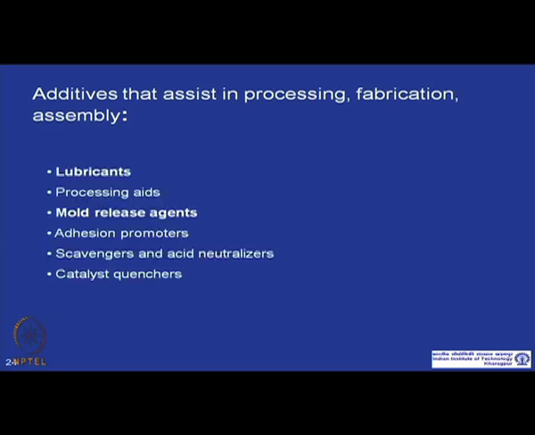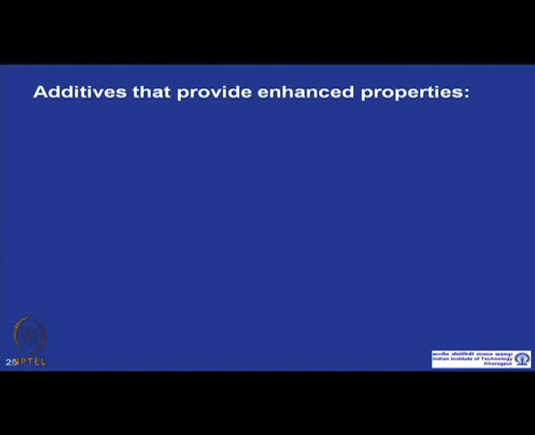There are additives which are used in polymer formulations which assist in processing and fabrication or in assembly, like lubricants, and mold release agents, which help in releasing the part from the mold after it is formed. Processing aids, adhesion promoters, scavengers, acid neutralizers, catalyst quenchers. There are some other generic examples of this type of additives.